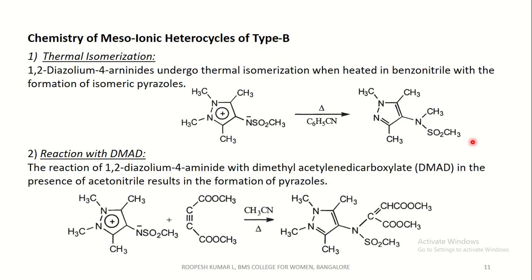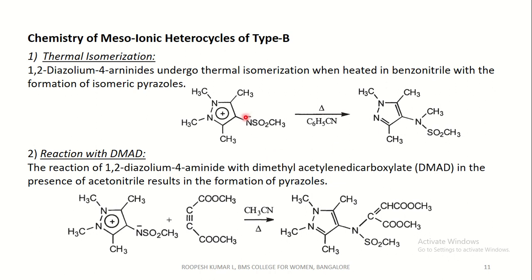Coming to the chemistry of mesoionic heterocycles of type B. Coming to the first route, that is using thermal isomerization. 1,2-diazolium 4-aminides undergo thermal isomerization when heated in benzonitrile with the formation of isomeric pyrazoles.